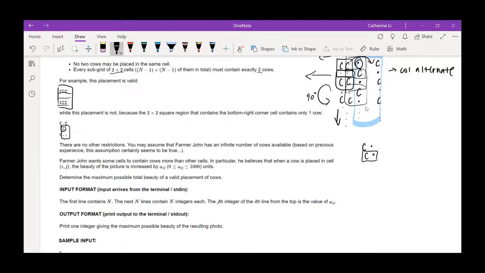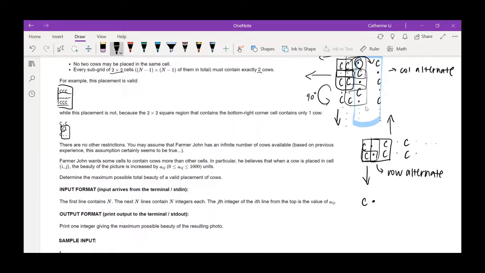If we look at this, two cows, if we look at this, also two cows. So we need these alternating rows instead of alternating columns. And then we just do the rest the same as before for this direction and this direction.